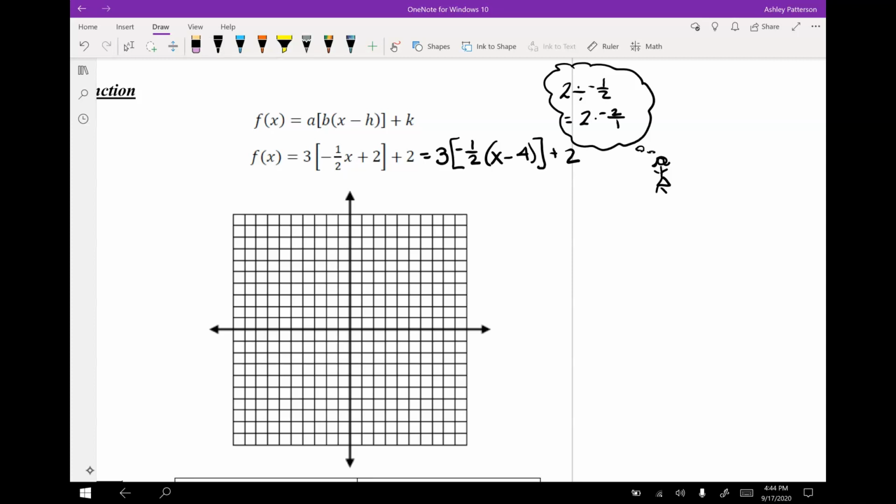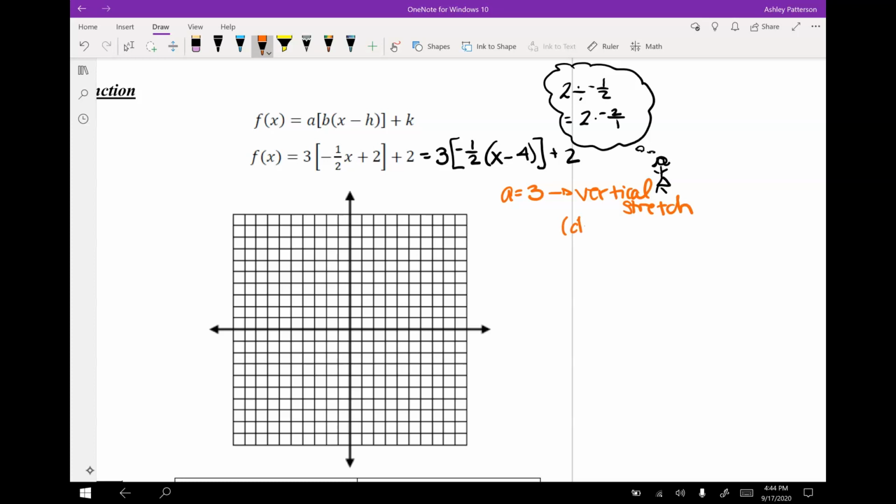Okay, here we go. Let's identify. Well, A is 3. And if you look back at your notes, yes, this is a vertical stretch. Sorry, little Patterson drawing. Which means, what is happening to our step functions? Aha!